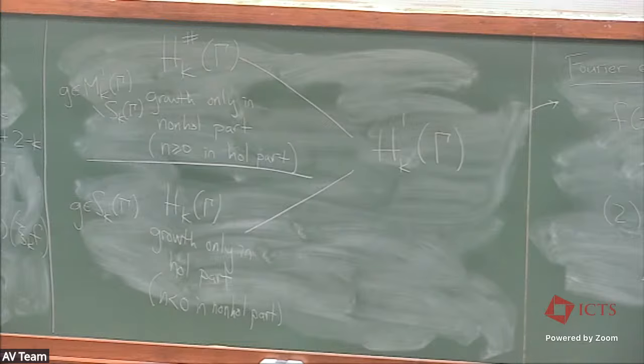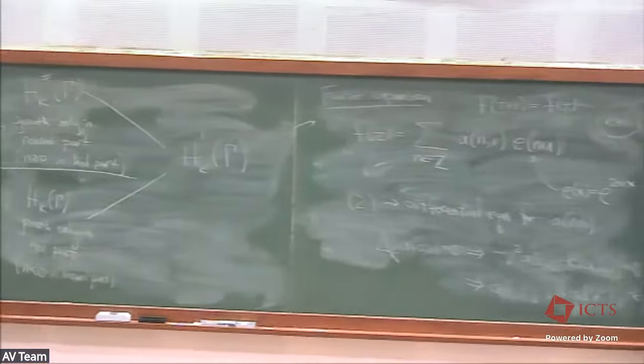Okay, I only have a few minutes left. I have a few more things to say, but are there any questions at this point? Yes. If it's in the kernel of xi_{2-k}, is it in the image of xi_k?